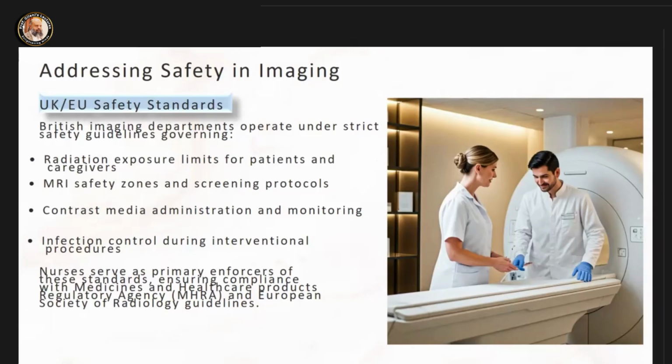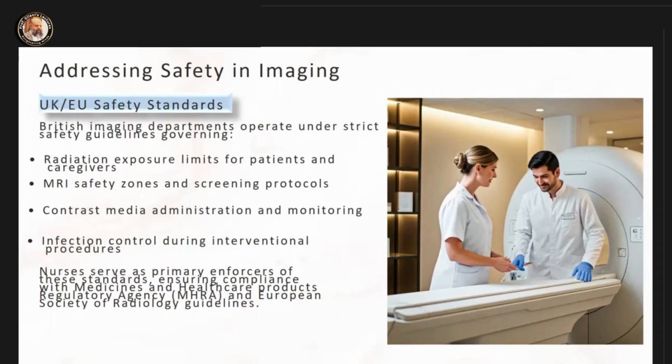Now, while having safety in imaging, there are some responsibilities of the nurses. The key safety functions performed by imaging nurses include comprehensive safety screening of patients and accompanying family members, obtaining informed consent after thorough explanation, and implementing a timeout procedure before interventional imaging.